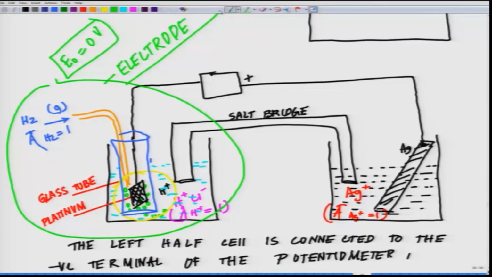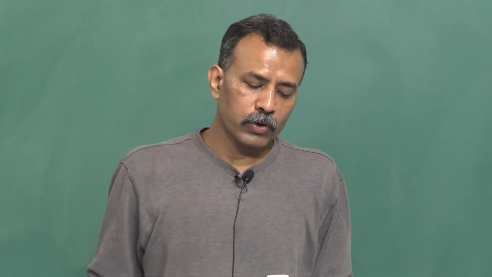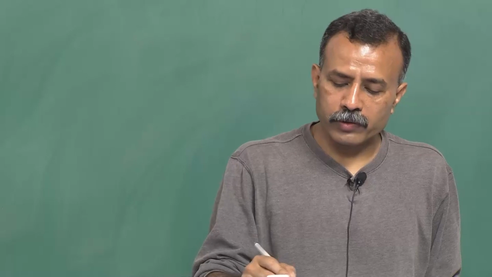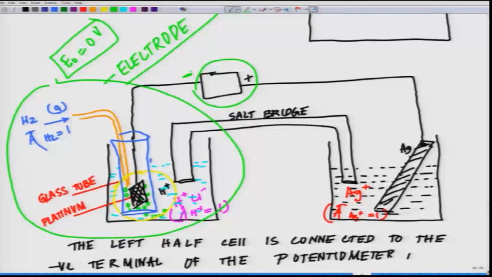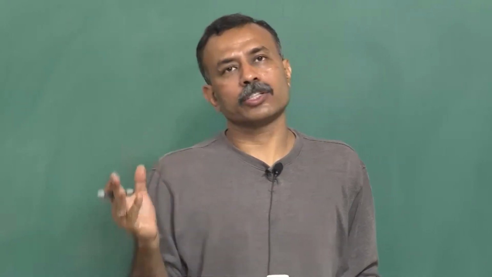Okay, I will close in here. In the next class we will talk about how the value will change on the voltmeter once we connect it to another metal of a different reduction potential. Thank you.